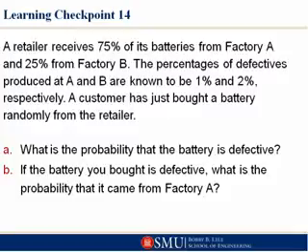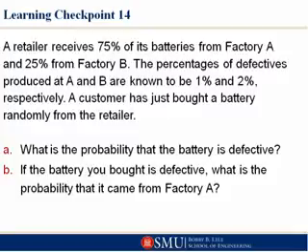Now here's the hardest thing about Bayes. You really have to think about what information you were given, and structure it. Saying, okay, what is my A, what is my event? The percentage of defects. The customer has just bought a battery randomly from the retailer.